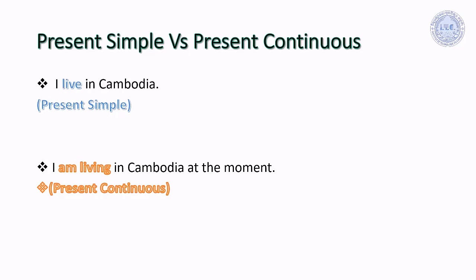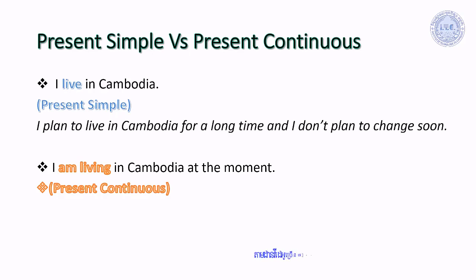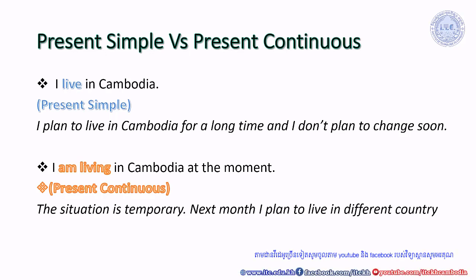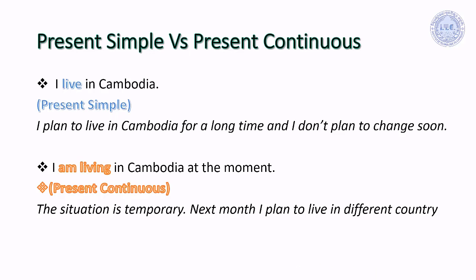I plan to live in Cambodia for a long time and I don't plan to change soon. It is more or less permanent. But when I say I am living in Cambodia at the moment, this situation is temporary. Next month, I plan to live in a different country.